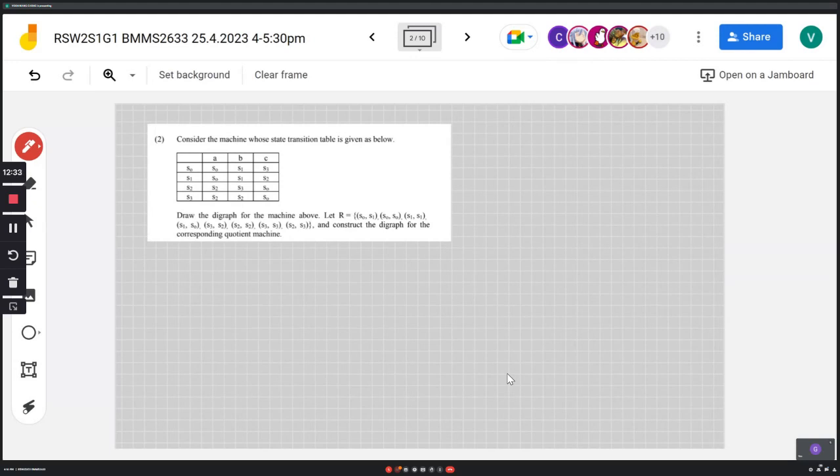And then number 3 is the same as number 2. One more part you need to do for number 3 is to show that it is a machine congruence. In the notes you have the example of how to show it is a machine congruence, so you can follow that and do question number 3.